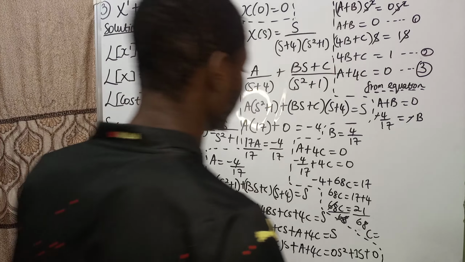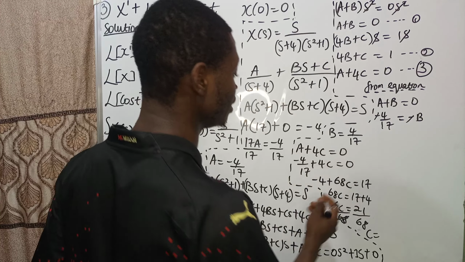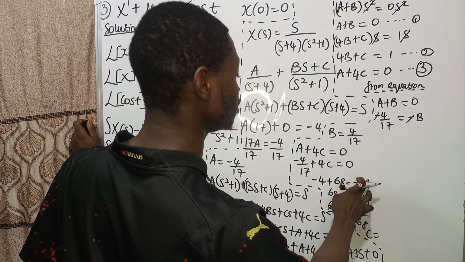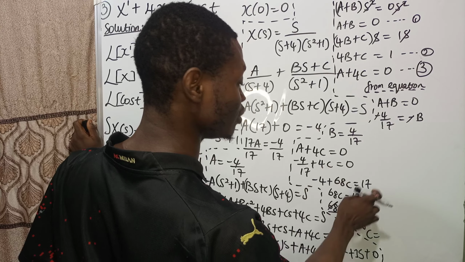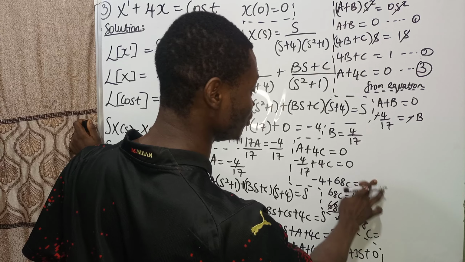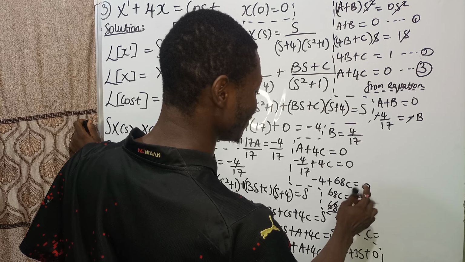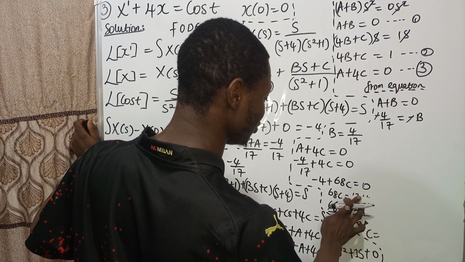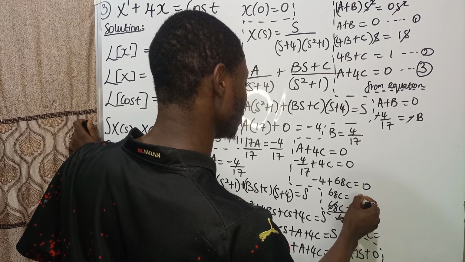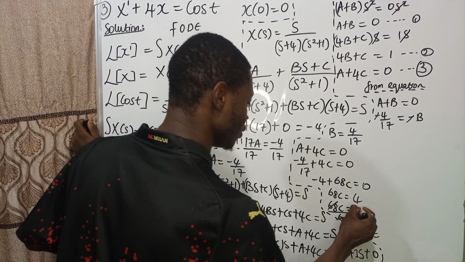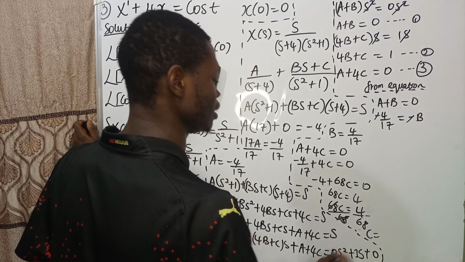I made a small mistake here. 17 times 0 is not 17, it is 0. So this boy wants to have money quickly by all means. So we have 0, so here will be positive 4. So we are going to have 4 all over 68.